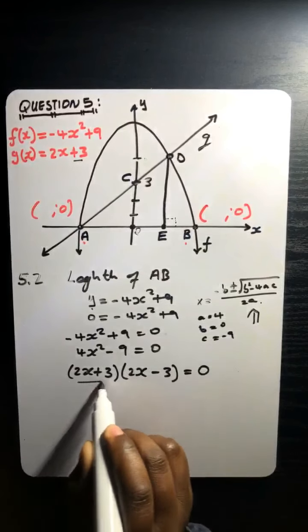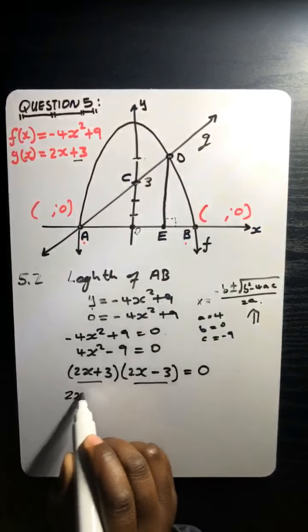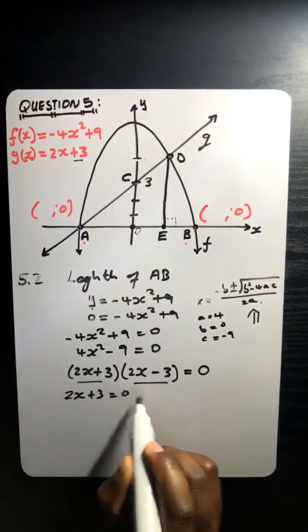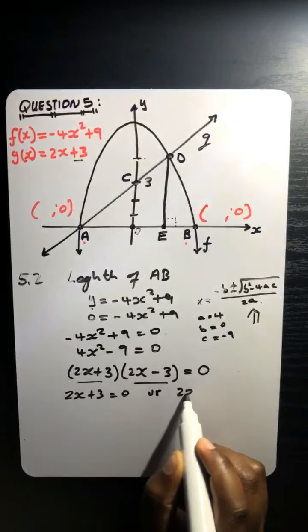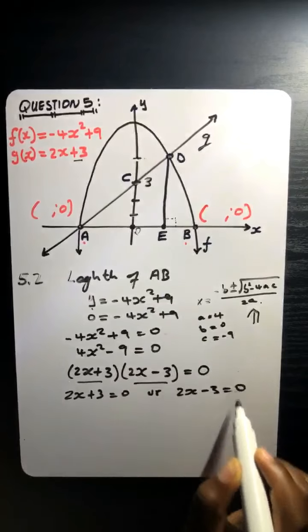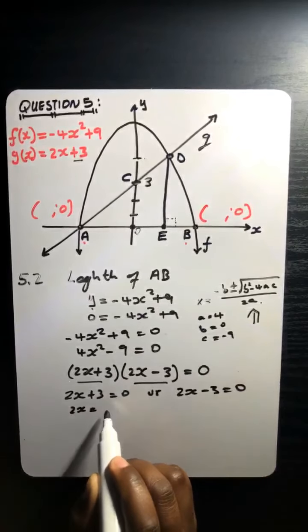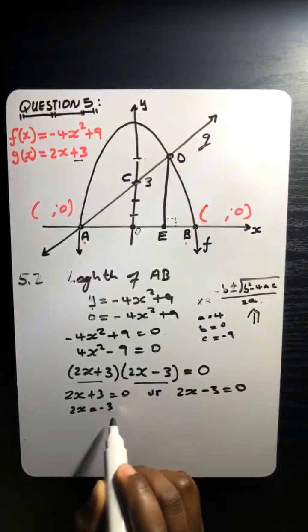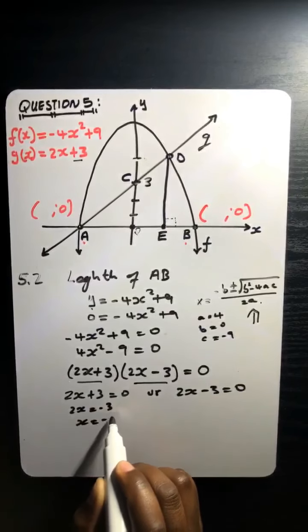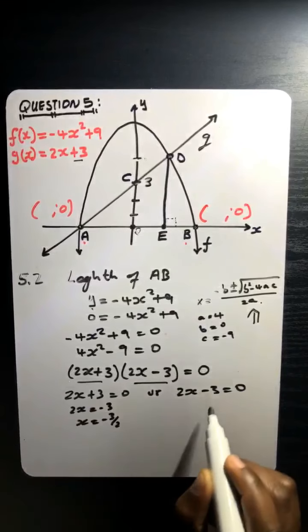I can equate this to 0, that to 0. So I'm having 2x plus 3 is equals to 0, or 2x minus that is equals to that. Then I can transpose. I've got 2x being equals to negative 3, x is equals to negative 3 over 2.